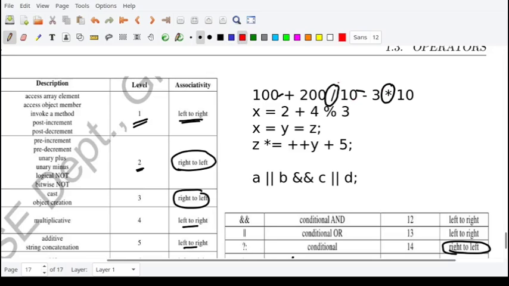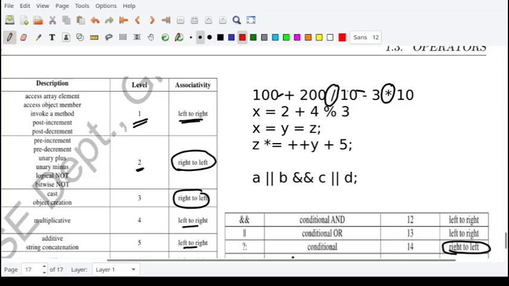And again, in the same expression, we have two operators with the same precedence. That is, division and star have the same precedence. Then what will we have to use? We will have to use associativity rules to determine which operator has to be evaluated first.